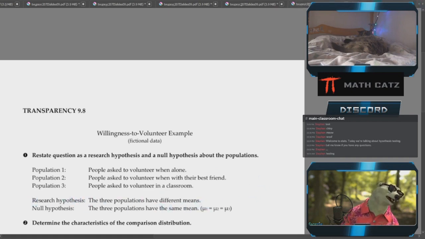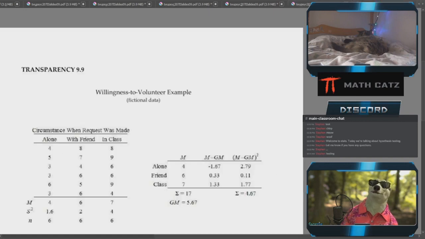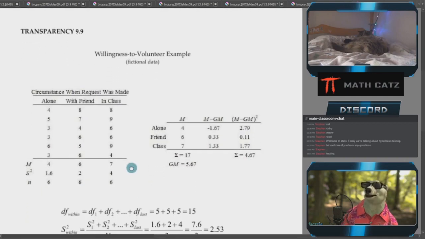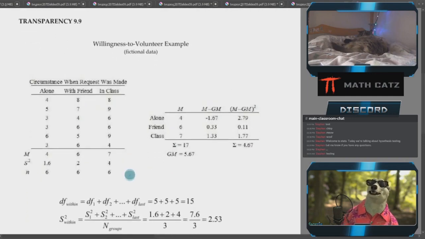Let's have an idea here of the actual numbers we're working with. On the left, the alone group, the friend group, and the class group. We calculate the mean for each. Same as always, we calculate the variance estimate for each, and then we average that. For within groups, I do the degrees of freedom first.